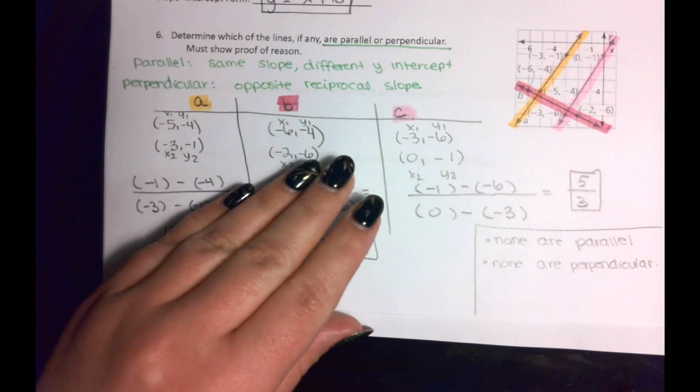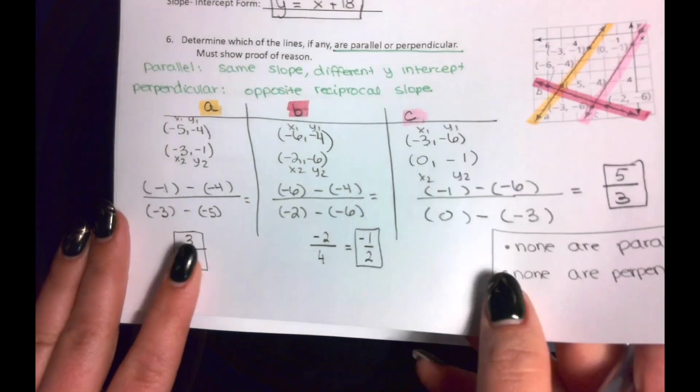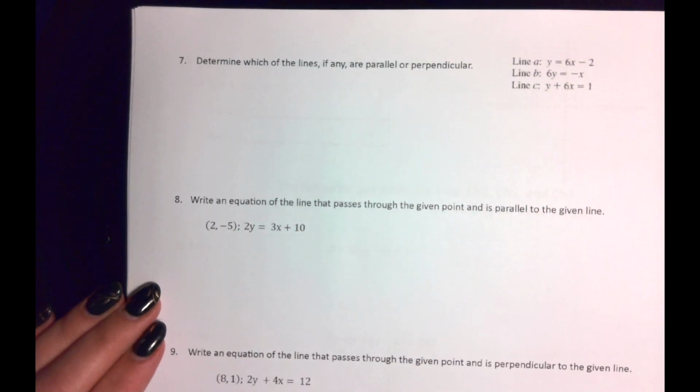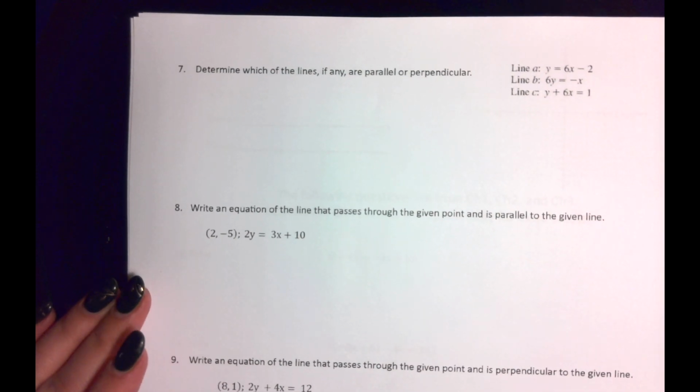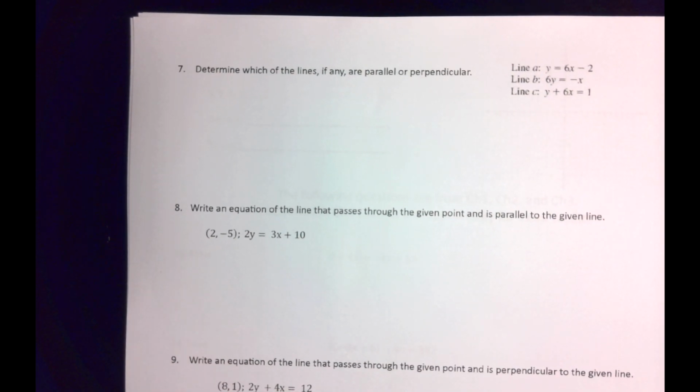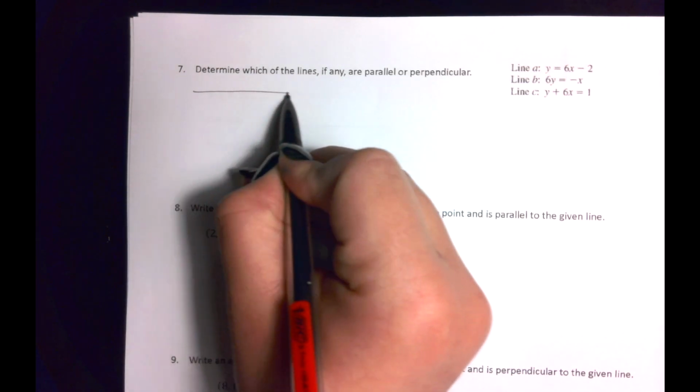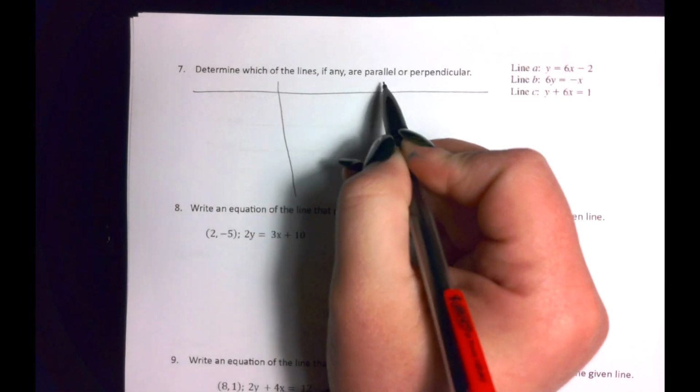All right, let's move on to the next one. All right, next one is a similar question. It's asking if it's parallel or perpendicular. And with parallel perpendicular, we want to know if they are same slope or opposite reciprocal slope. Here they're giving us 3 equations, so I'm going to set this up again as a table.